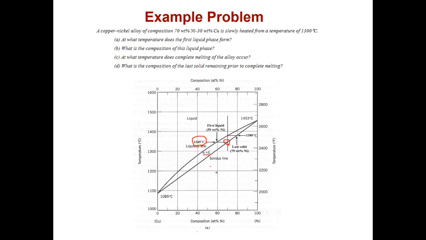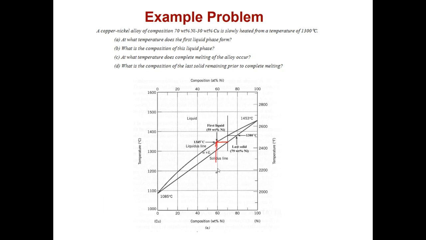And then part B of the question: what is the composition of this liquid phase? In order to find the composition of this liquid phase, we need to draw a tie line here and find the intersection of this tie line, which is a horizontal line, with the curve of the liquidus, which is right here.